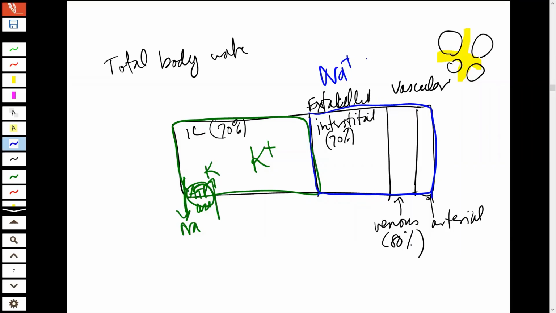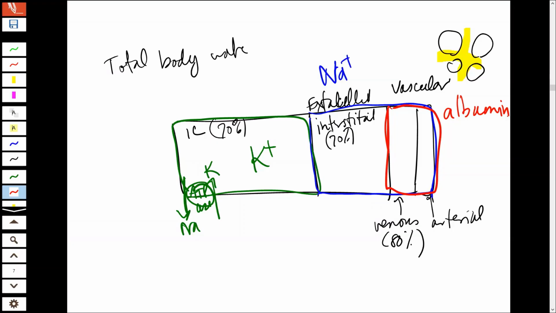When I say sodium, that's defined and limited by where sodium diffuses to. And when I say vascular, what defines my vascular compartment? Right? That's defined by my oncotic pressure of proteins and albumin.